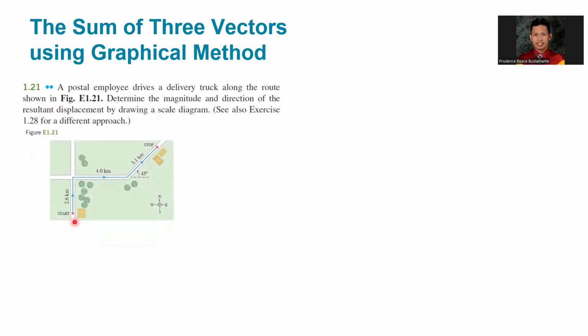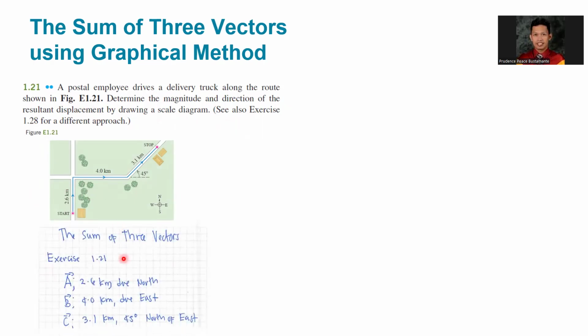Okay, so this is the diagram. Let this one be vector A, this one vector B, and this one vector C. Vector A is 2.6 kilometers due north, vector B is 4.0 kilometers due east, and vector C is 3.1 kilometers 45 degrees north of east.